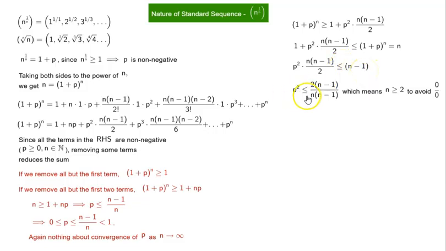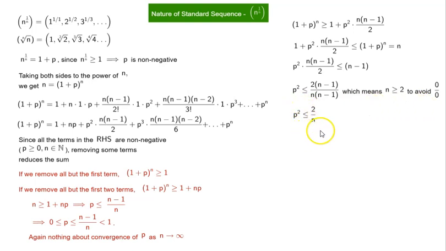p square is less than or equal to 2 goes up, 2 times (n minus 1). n times (n minus 1) comes down here. n minus 1, we can cancel it only if n is greater than or equal to 2 to avoid 0 by 0.